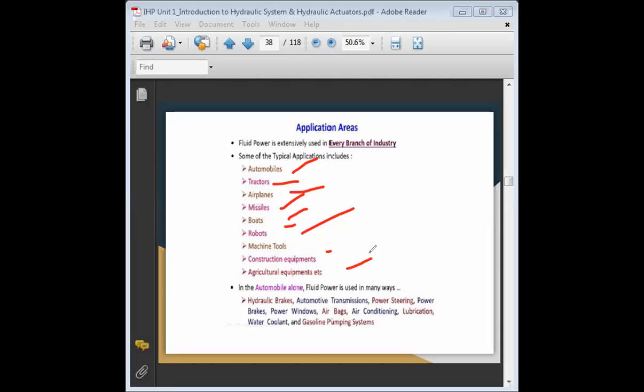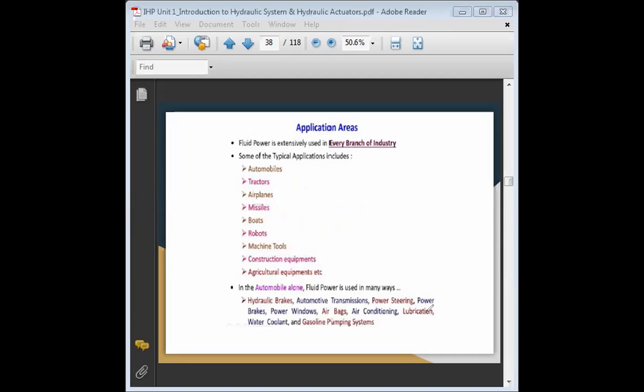In the automobile, in airplanes or missiles, in tractors, we know that fluid power is used in many ways, and those many ways mean the applications that I have shown. Firstly, I have shown the areas, in which sectors the fluid power is used.